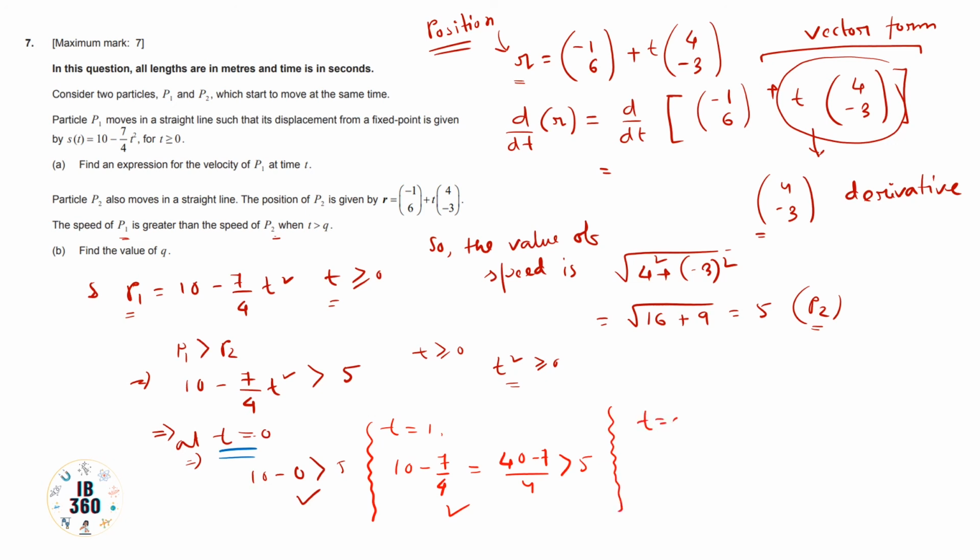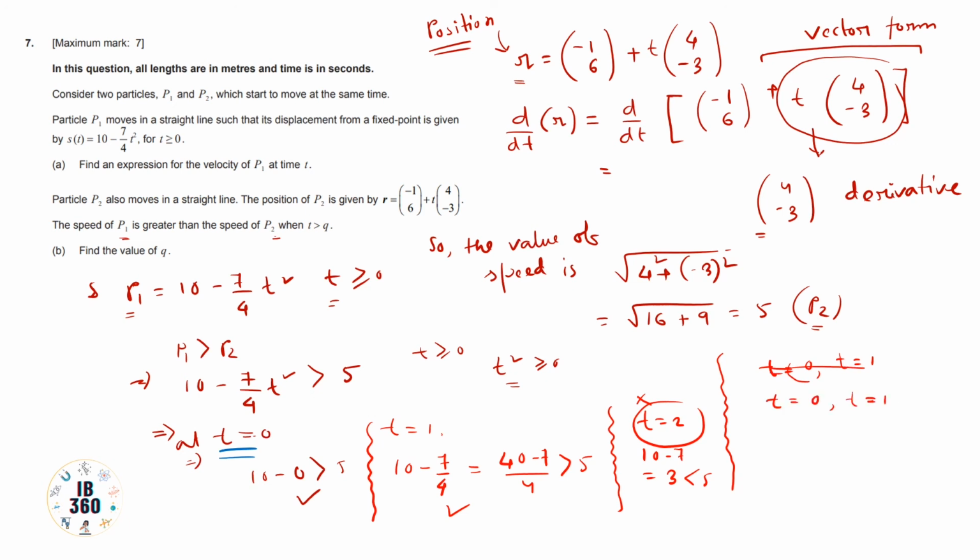Then we take t equals 2. At t equals 2, it is 10 minus 7, that is 3, which is less than 5. So t equals 2 cannot be there. So the values of t that we can take are t equals 0 and t equals 1.